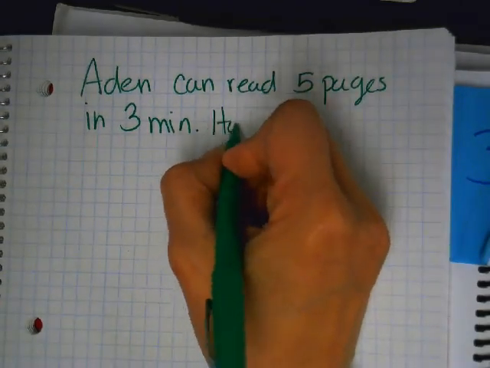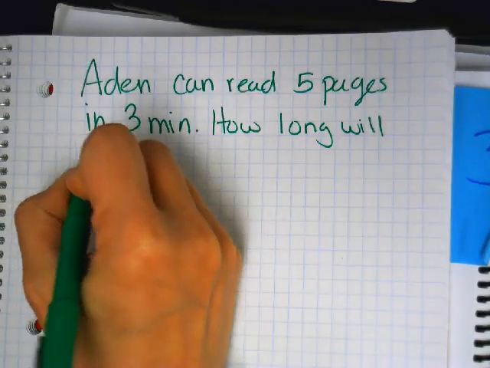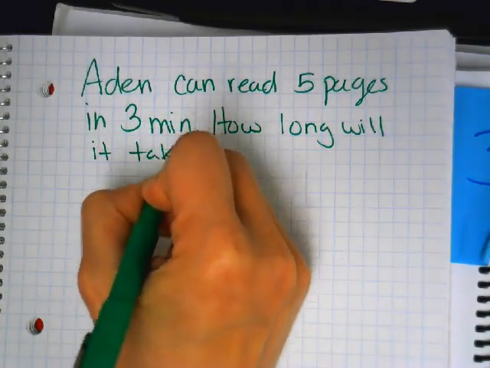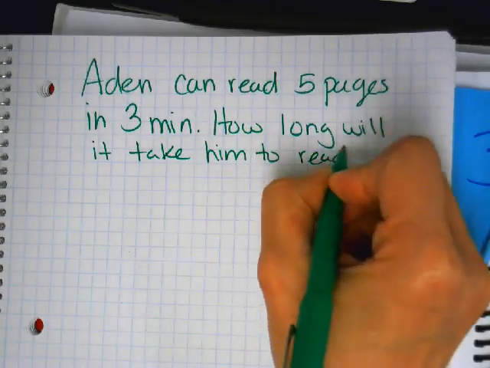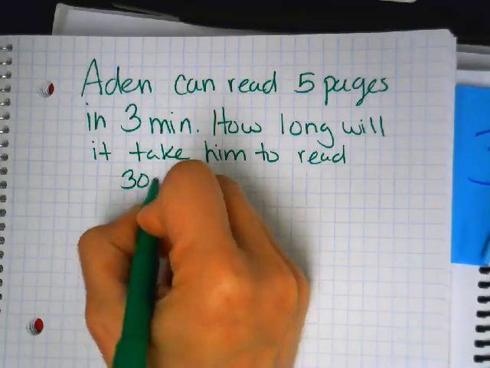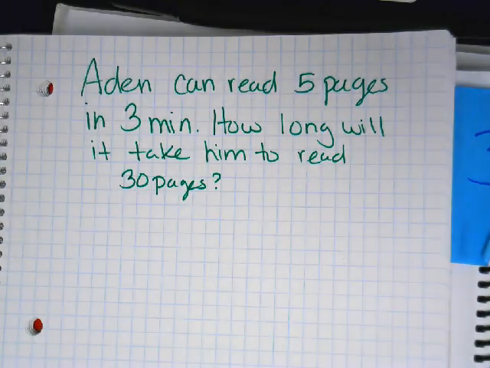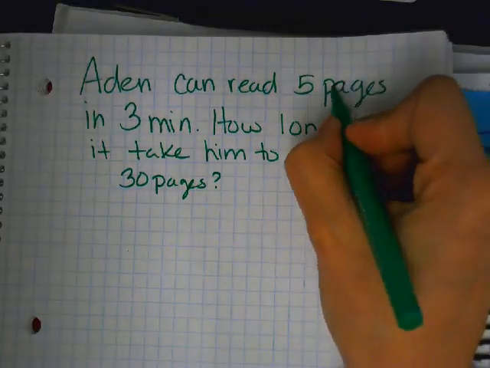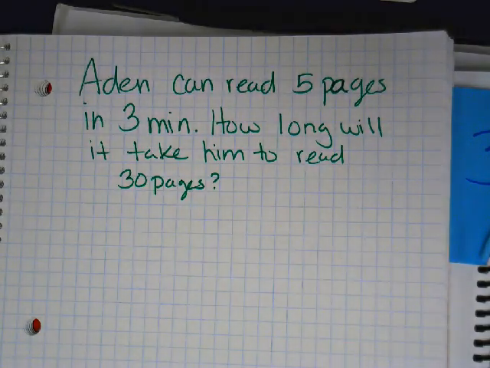How long will it take him to read 30 pages? Question mark. All right. So he can read 5 pages in 3 minutes. How long will it take him to read 30 pages?